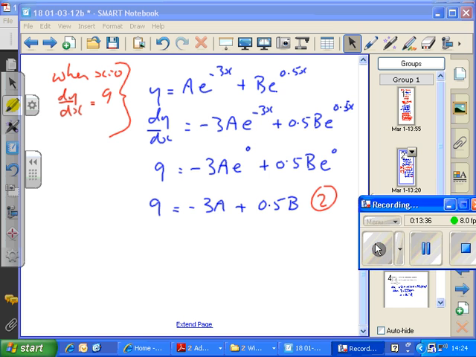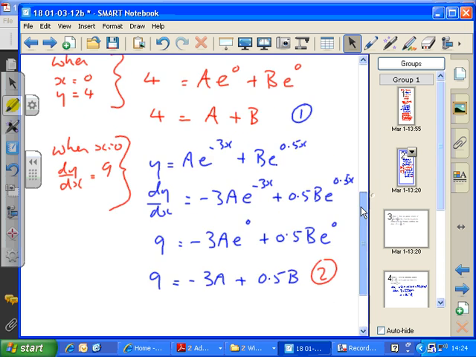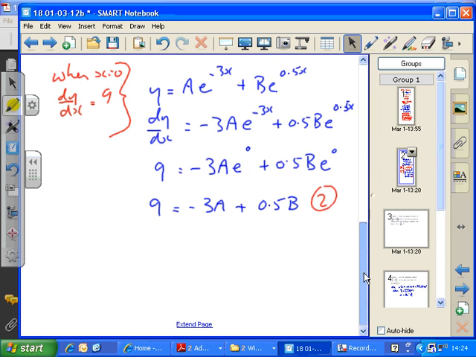So let's just put them together. We've got equation 1, which was 4 = A + B. There are a couple of ways you can solve simultaneous equations. One is by elimination, making A or B the same, and the other is by substituting one into the other.